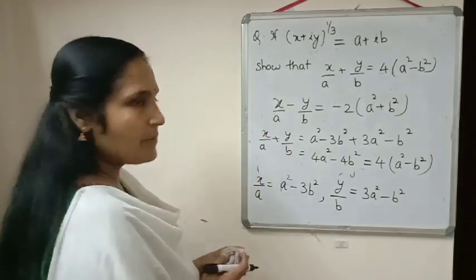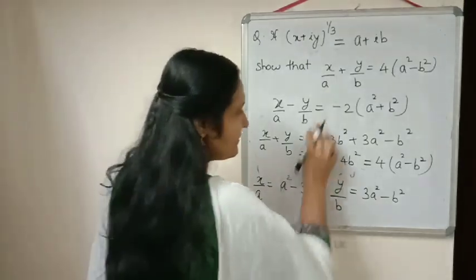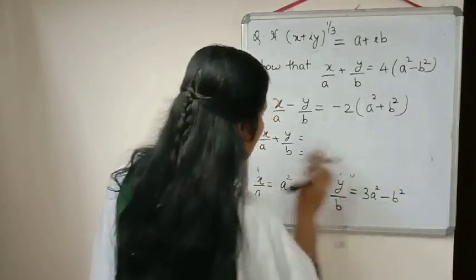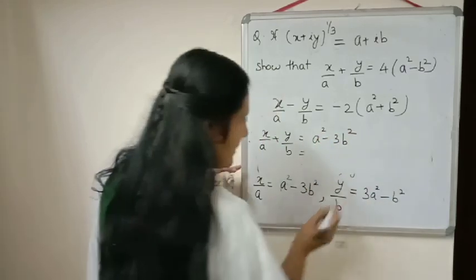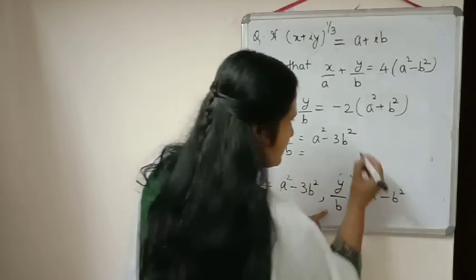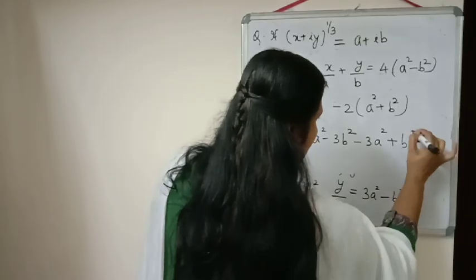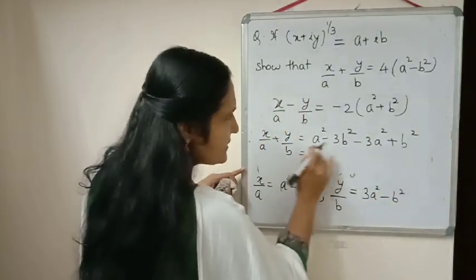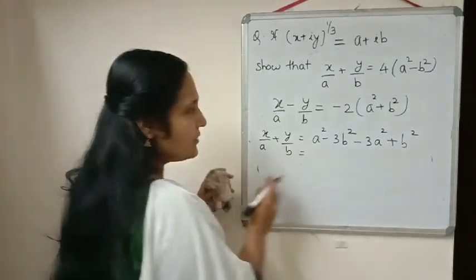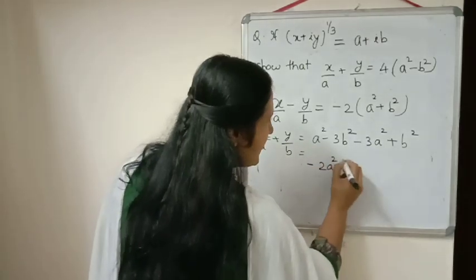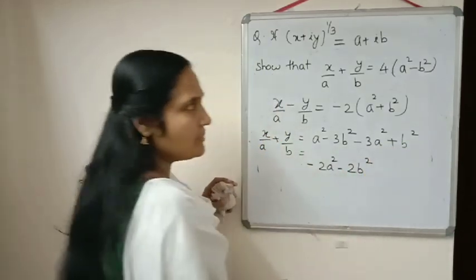Now in the second part what we want? We need subtraction there. So when you do the subtraction, we have to change the sign. So here it will be equal to x/a which is a² minus 3b², minus y/b, so it will be minus 3a² plus b². a² minus 3a² will be equal to minus 2a², minus 3b² plus b² will be equal to minus 2b².